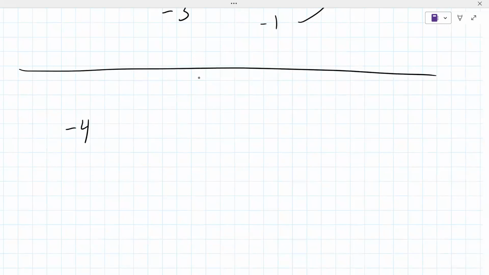Let's go -4 minus parentheses -5 plus -6, -1 minus a -7 plus 5 plus -6 plus 7.